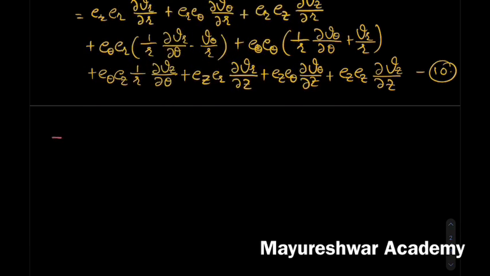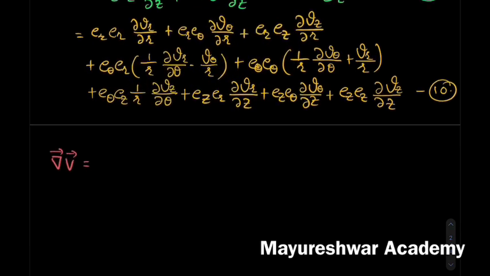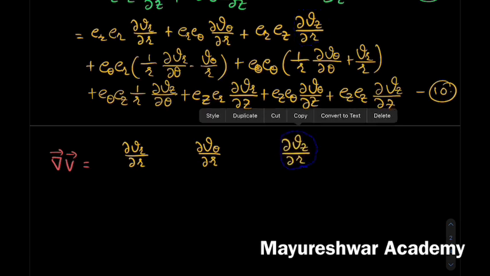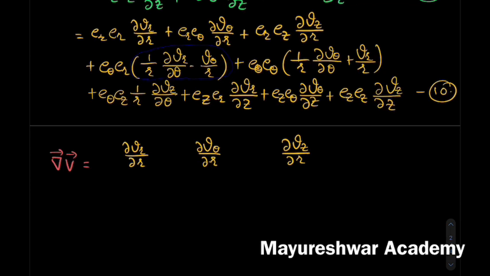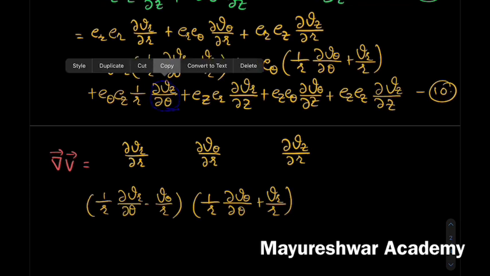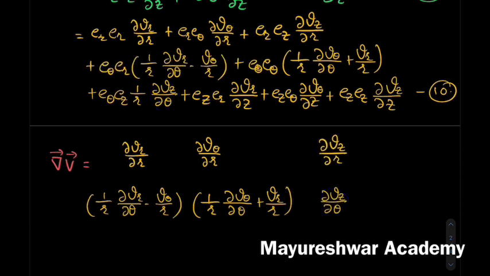So these are the terms we need to now arrange in the form of a matrix. So let us do that. Let us copy the terms and formulate a matrix. So let this be the second term along R and theta, then similarly this is the third term R and Z, this is the shearing stress term theta R, this is the normal stress term theta, this is along E theta and EZ.